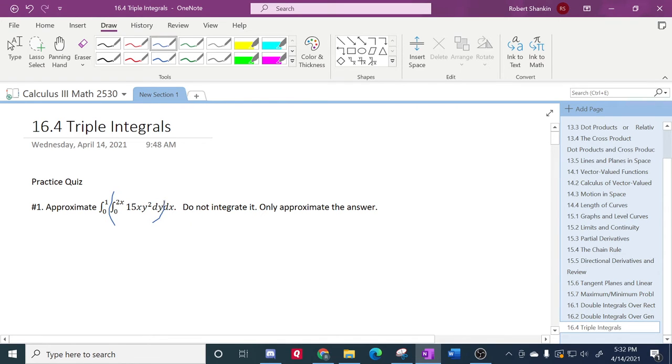Alright, so that's the inner integral. And so we see that y is between 0 and 2x, while x is between 0 and 1. So what does that mean for, and I'm just going to draw a simple 2 space.